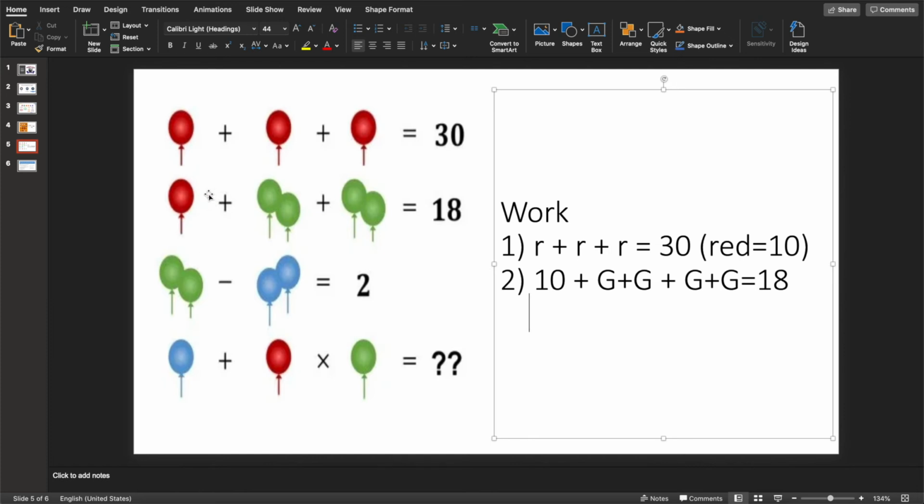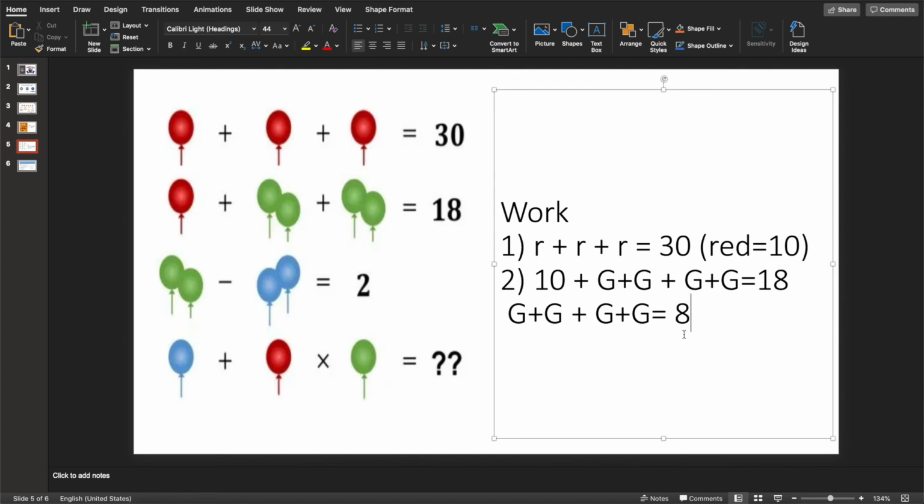I know that 10 of this 18 is being used up right here in this red balloon. So that basically leaves me with green plus green plus green plus green equals, what would that leave me? Remember, if I take 10 from this side, I have to take 10 from this side. So what is 18 minus 10?